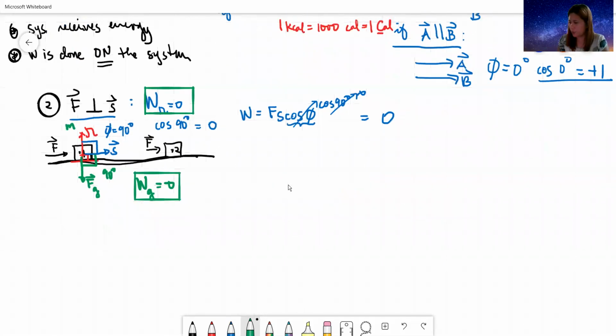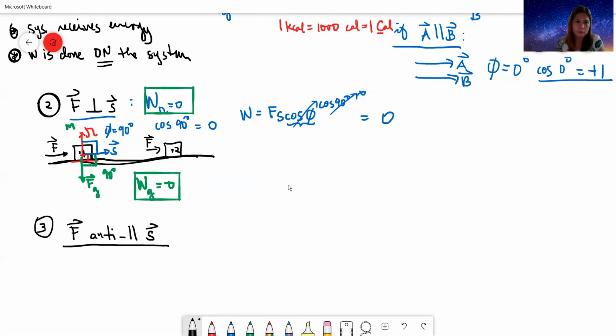Okay? Now, let's go to the third case. I'm almost done with this first video. Let's say, what if F is in the opposite direction, anti-parallel with the direction of motion? So, ano kayang anti-parallel na force dito na natatanggap yung box? If you notice, let's say, merong certain coefficient of kinetic friction yung box, hindi 0.